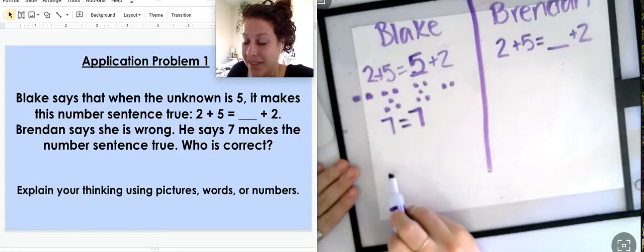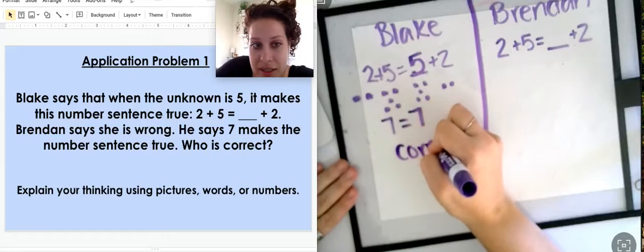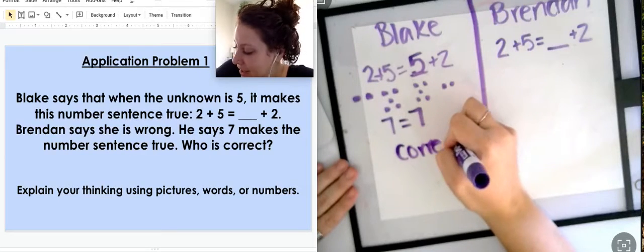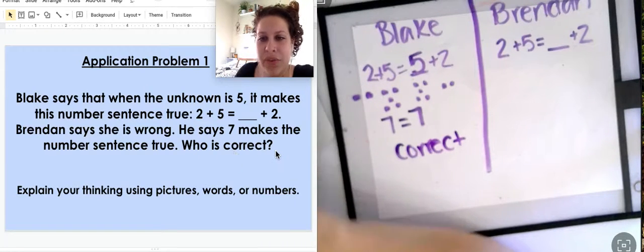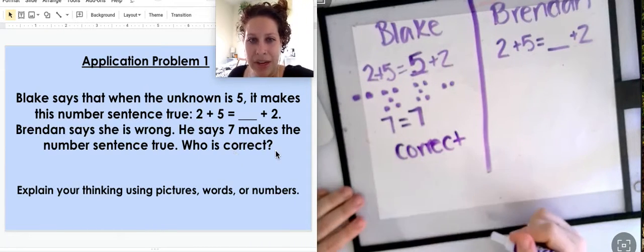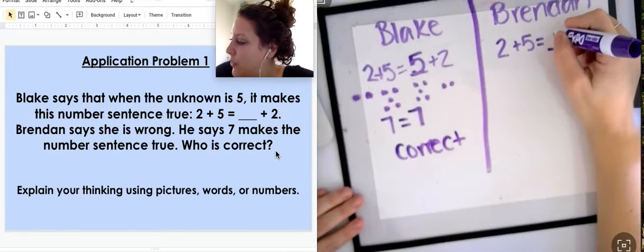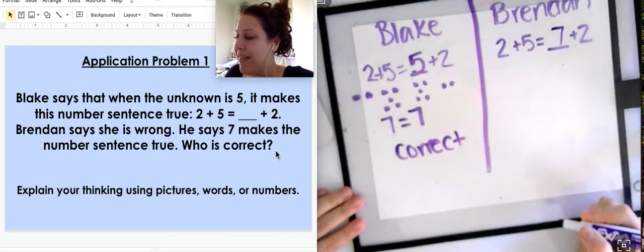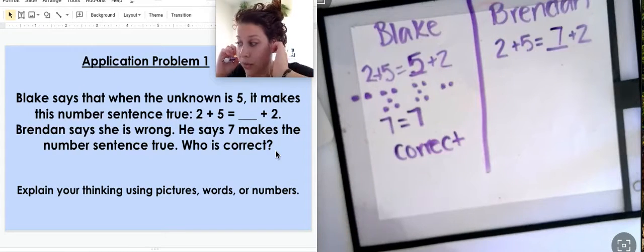7 does equal 7. So I'm going to write the word correct. And it says it right in the application problem here, correct. So if I don't know how to spell correct, that's okay. Brendan thinks it's 7. So now I'm going to solve with it for 7 to see maybe Brendan's correct too.